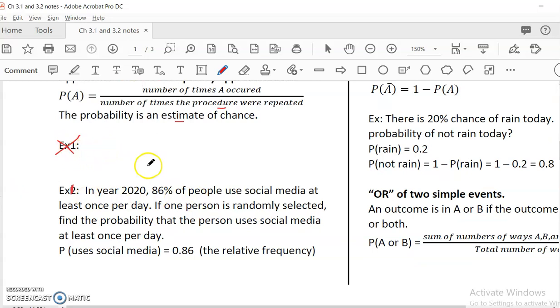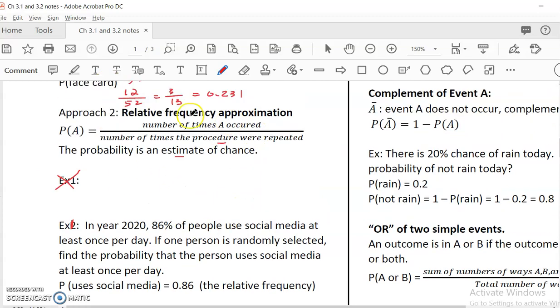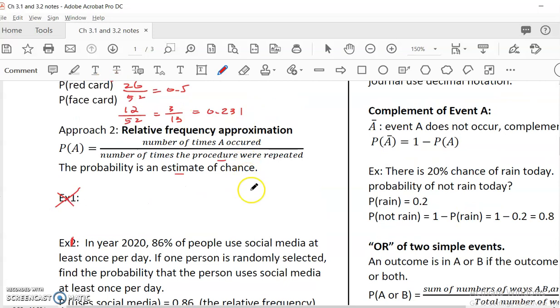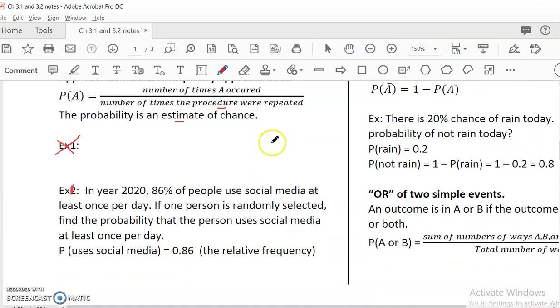We would use something called experimental or relative frequency approximation to find probability if we don't have an equally likely sample space, so that we cannot count the possible outcomes. For example, in 2020, 86% of people use social media at least once per day. We are going to pick someone.